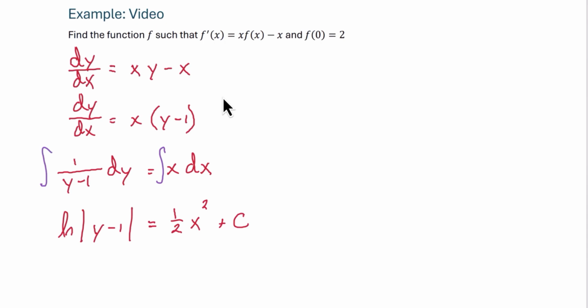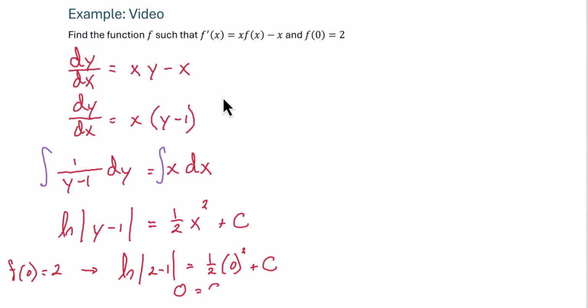Let's use that initial information. F of 0 equals 2. That will give us natural log of 2 minus 1 equals 1/2 0 squared plus c. We'll get natural log of 1, which is just 0. 1/2 times 0 is 0, so we get c is 0.